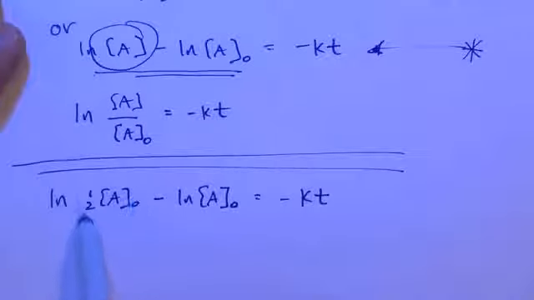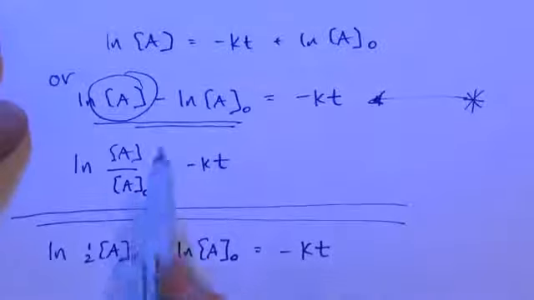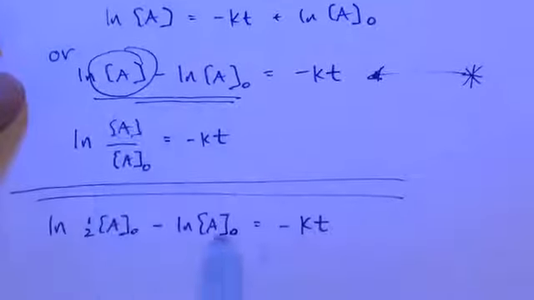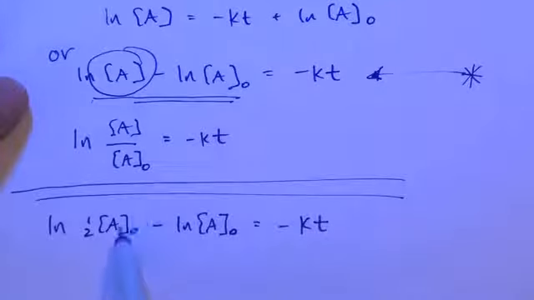Notice I put 1/2 of A original in here for A because I'm looking at what time it would be when I get to half of the original amount.